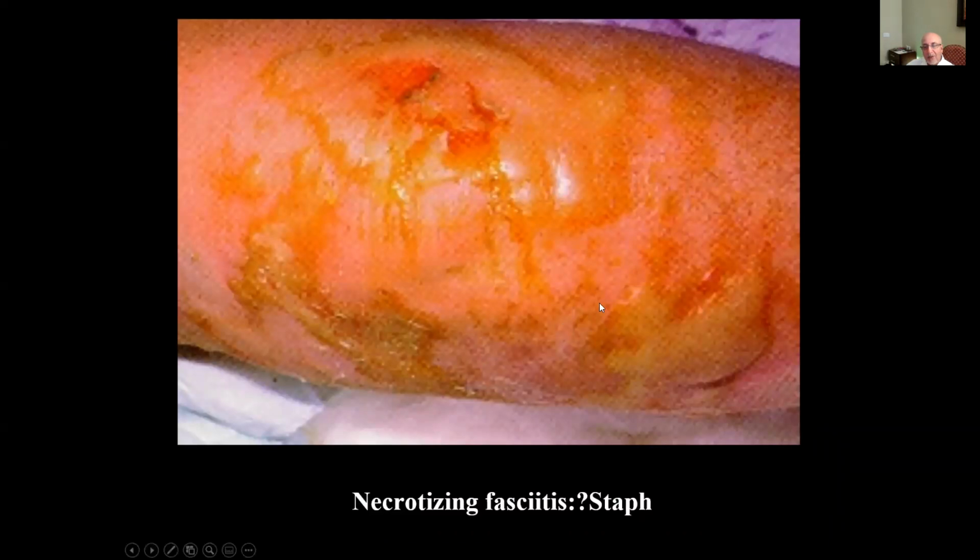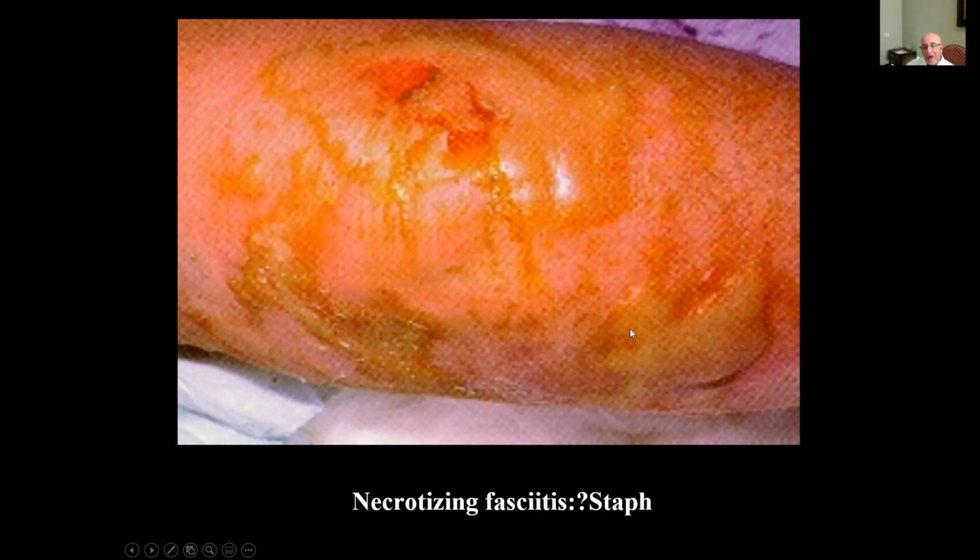Here's another example of the blistering and discoloration and severe pain, and pus that is relieved from these blisters can be gram stained to look for either strep or staph. This patient's appearance is more consistent with staphylococcal scalded skin syndrome, which is causing the necrotizing skin infection.